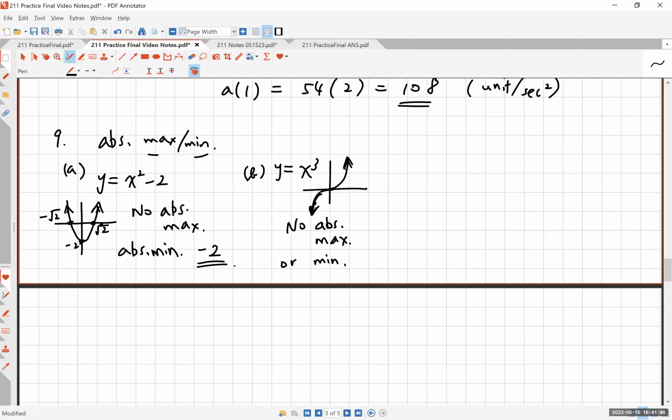If you say the absolute maximum is some number k, I can say, no, I can go bigger than that, right? There are x values where y is k plus 1, k plus 2, and so on. So there is no absolutely highest point of this graph. That's basically what that means.